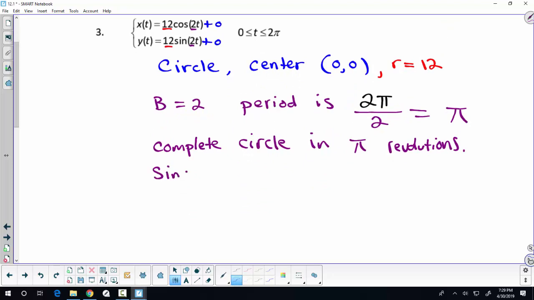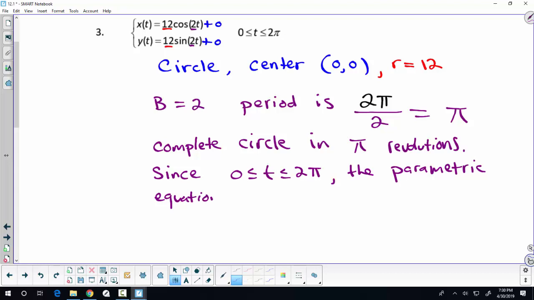So since t is between 0 and 2 pi, the parametric equation generates 2 circles.